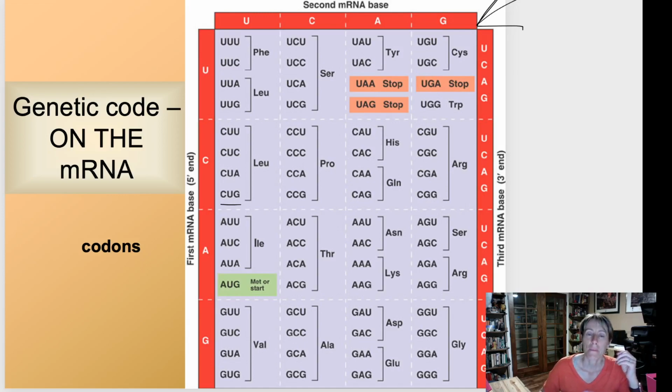So what we think happened is that some cell way back in the start of life came up with this way of lining everything up. It works well, and everything has used it ever since, and we've all diverged into all our different forms. Life has branched out after that, but we still use this same code.